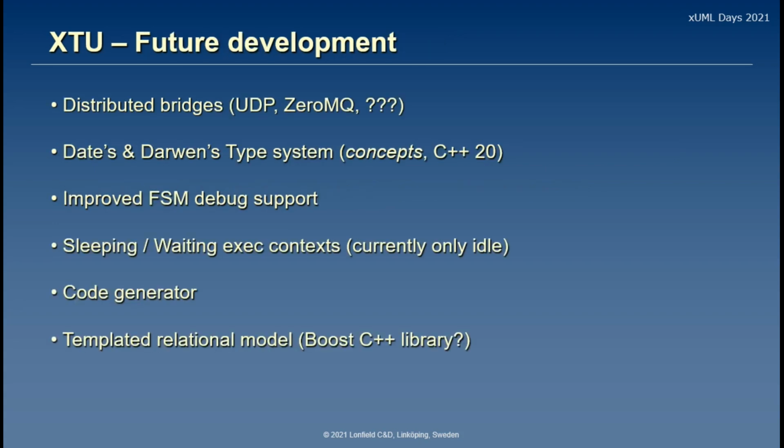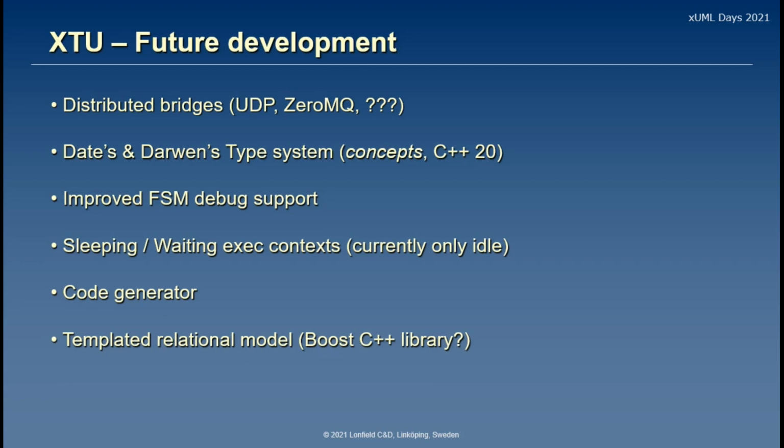We're approaching the end of the presentation, so let's spend a few words on possible future development. We have already talked about distributed bridges. Support for Data and Darwin's type system would be a really useful addition, as would better FSM debug support.